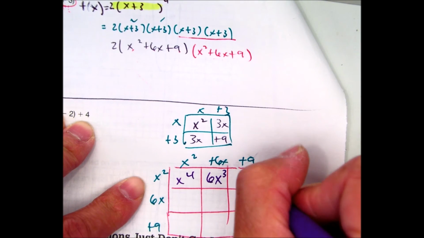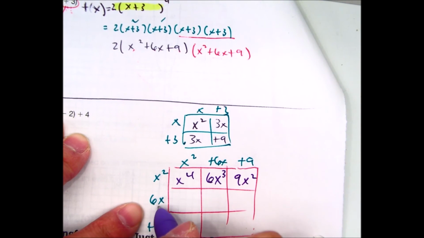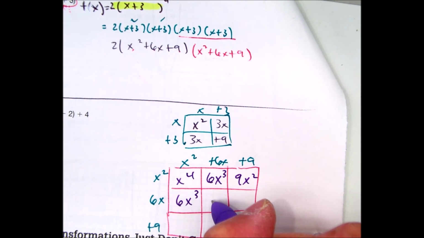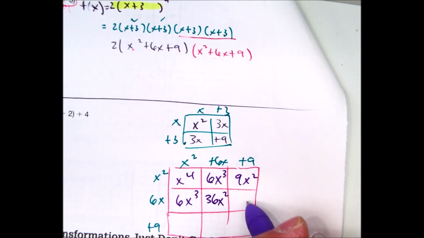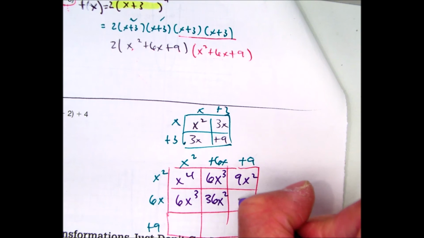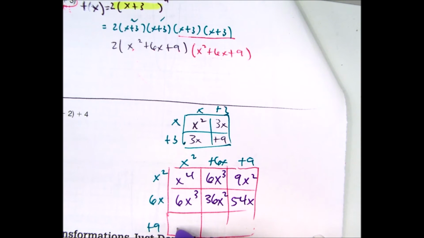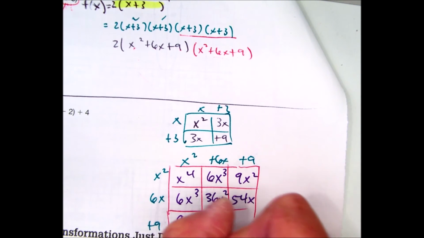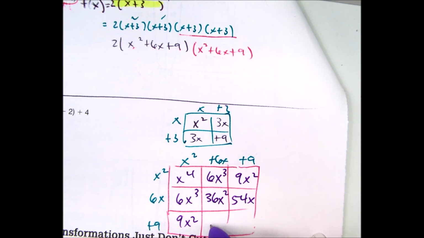Class, what's x squared times 9? 6x times x squared? Class, use your calculator. 54x.